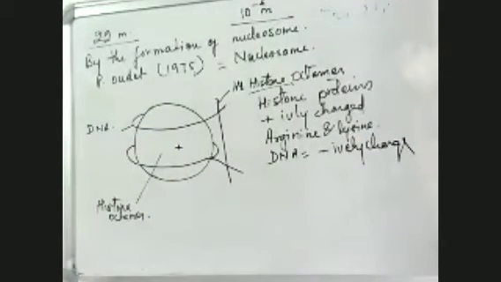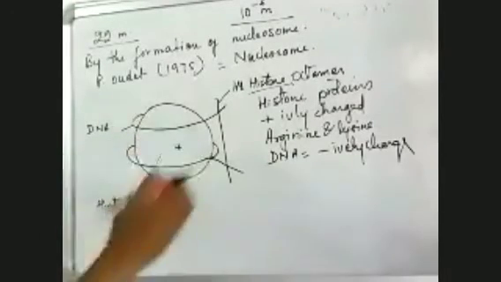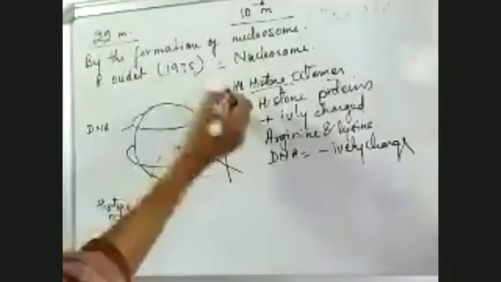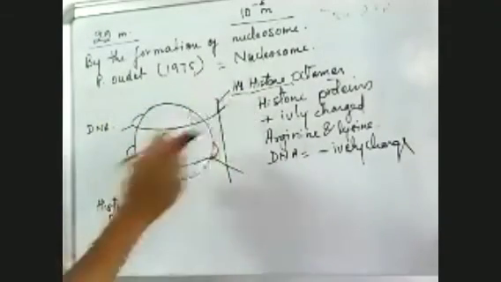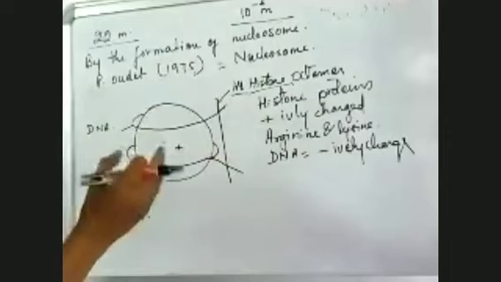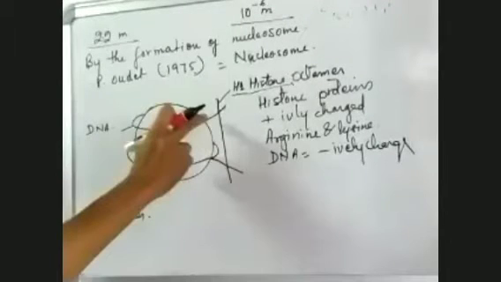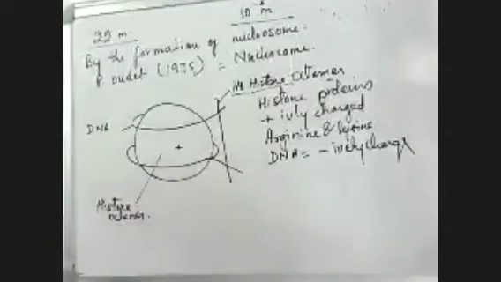But still, it may not get wrapped properly. So the H1 histone is present. This H1 histone fixes the DNA in position when it wraps around the nucleosome.